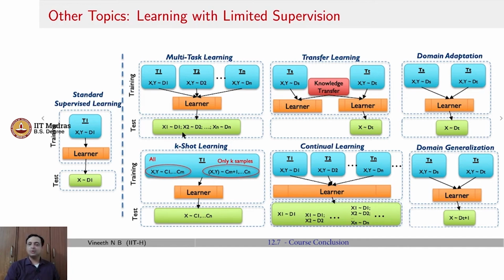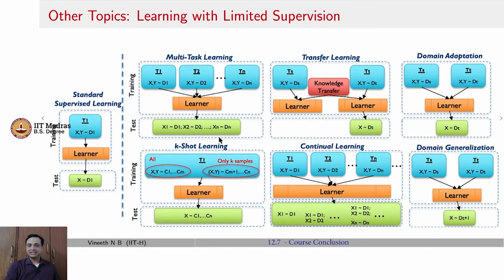In multitask learning, your goal is to do well on each of these tasks at test time, whereas in domain adaptation, your goal is to do well on the target domain alone. The source domain is intended merely to provide that adaptation or extra information from another domain.